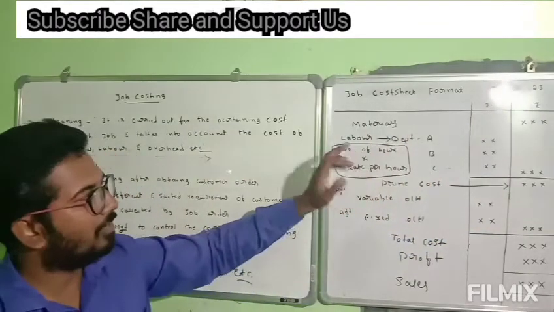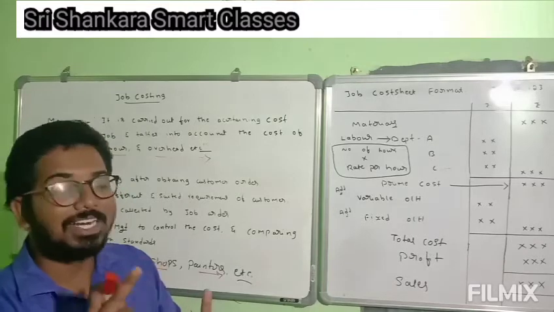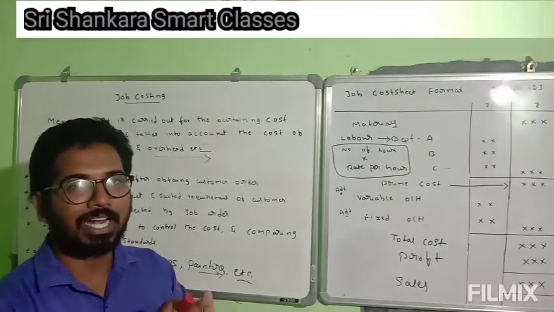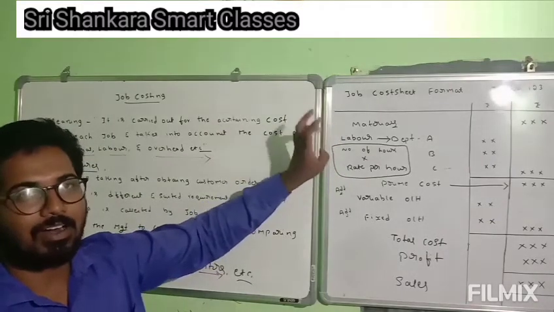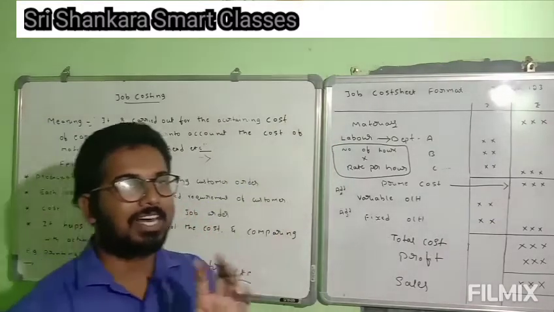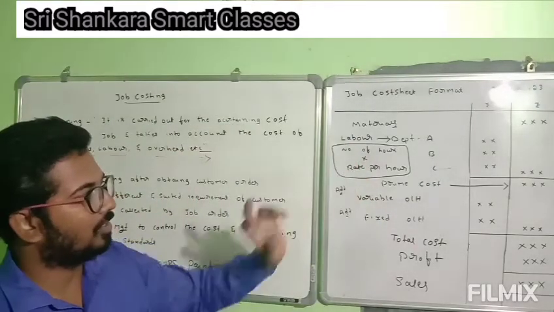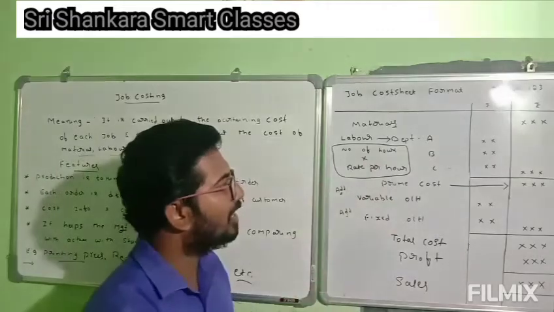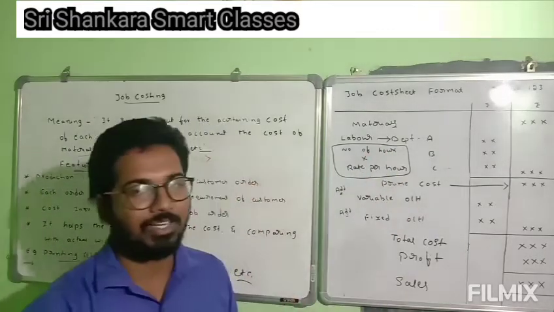So the first step, we should take the materials and wages or labor or any other direct expenses related to the particular job into account. Materials, labor or wages or any other chargeable or direct expenses, we take into account.